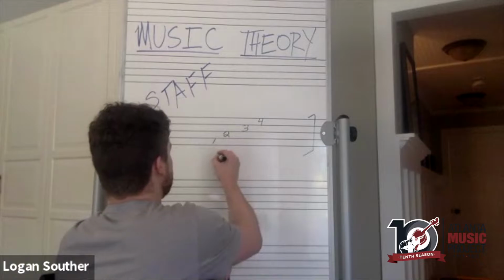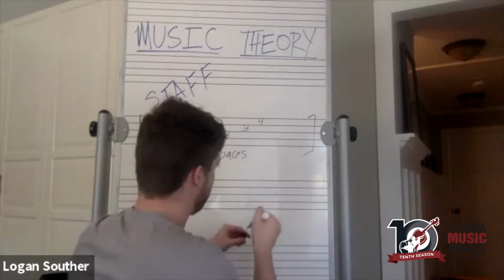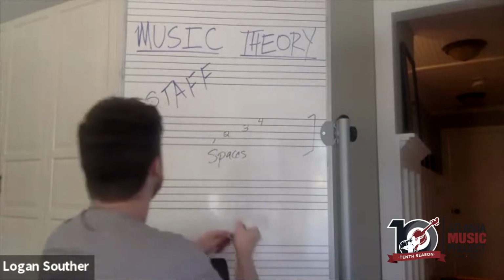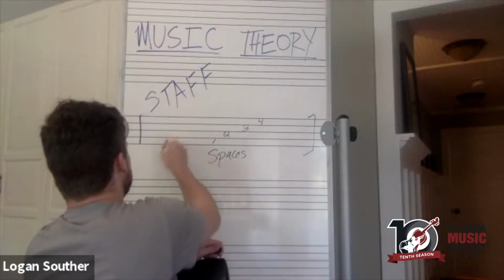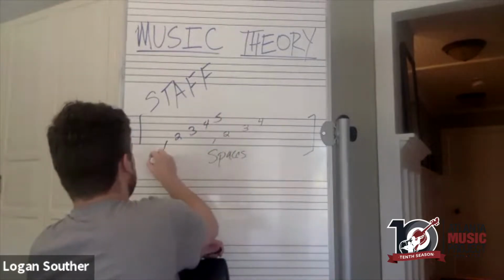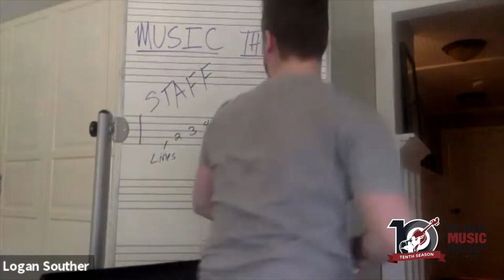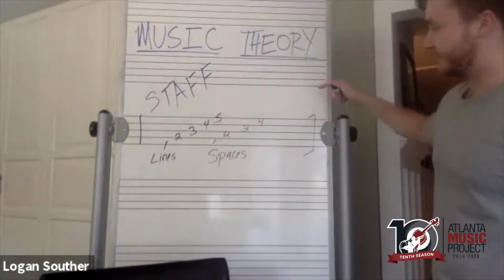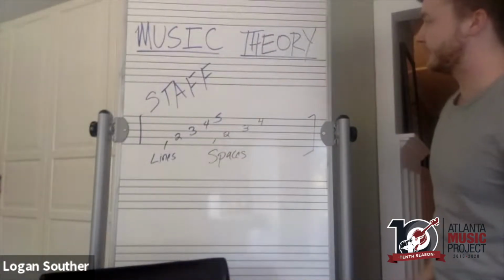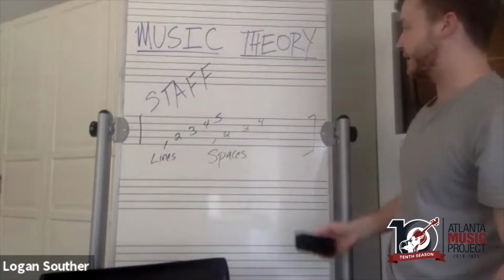Lines and spaces. 1, 2, 3, 4, 5 lines. Let's take a second, make sure you have that copied down and digested. You should know this, or have a little bit of familiarity with this.